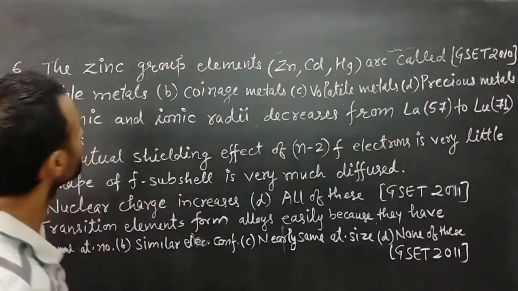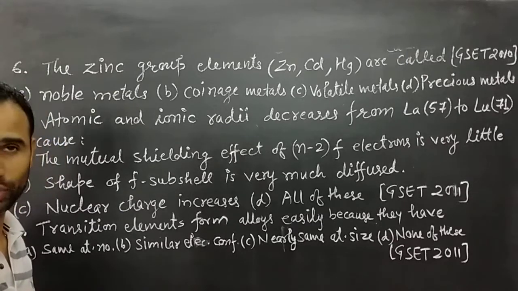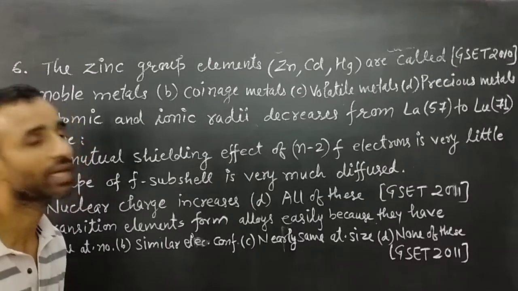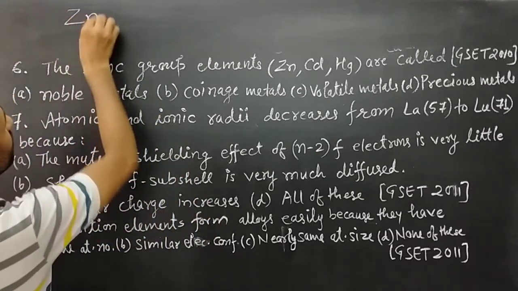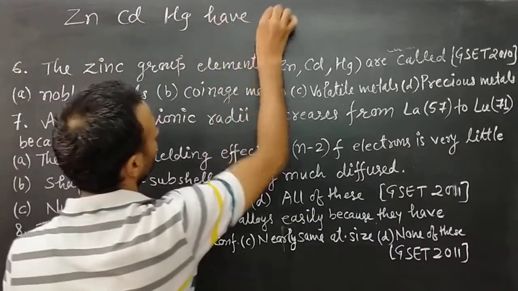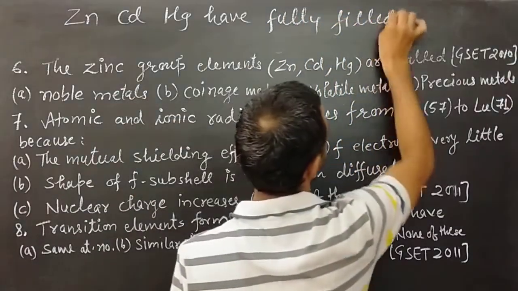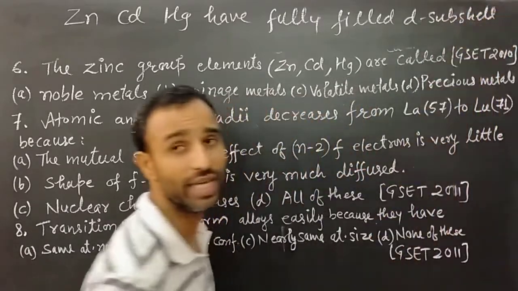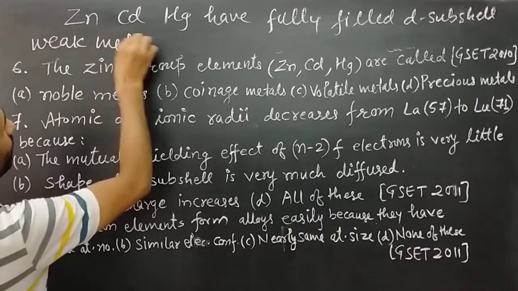Next, the zinc group elements, zinc, cadmium and mercury, are called noble metals, coinage metals, volatile metals, or precious metals. Keep in mind, zinc, cadmium and mercury have fully filled d subshells, and that's why they have weak metallic bonding.